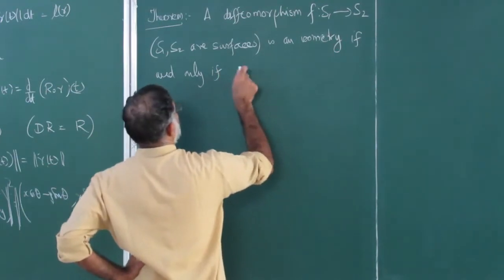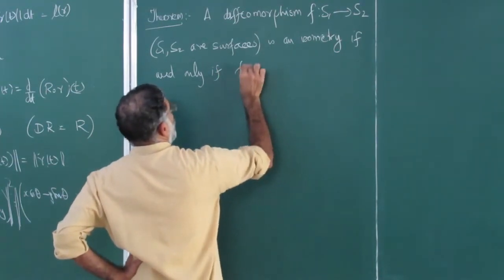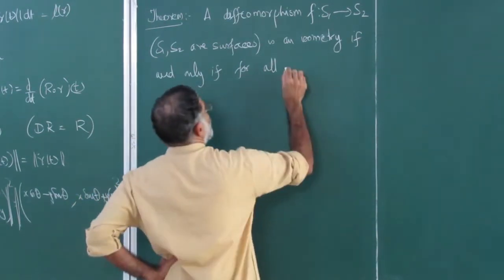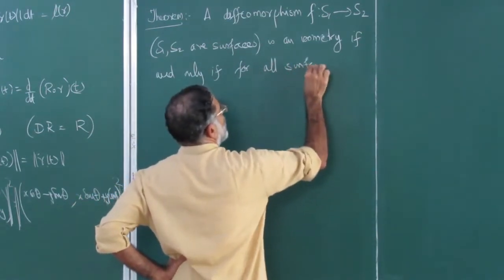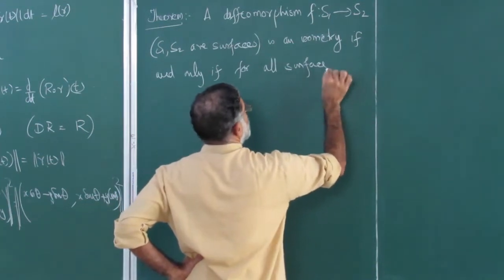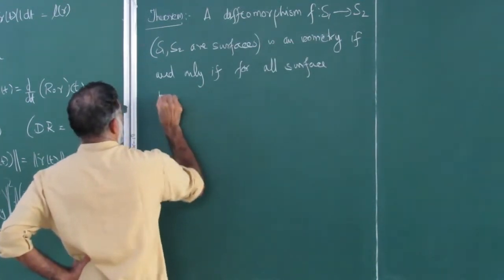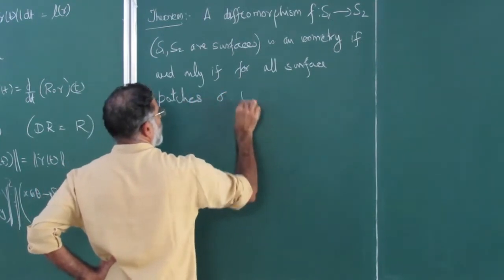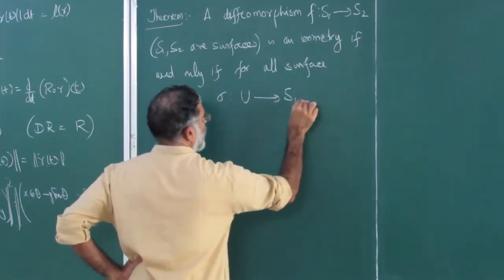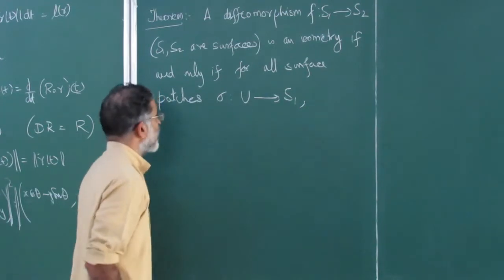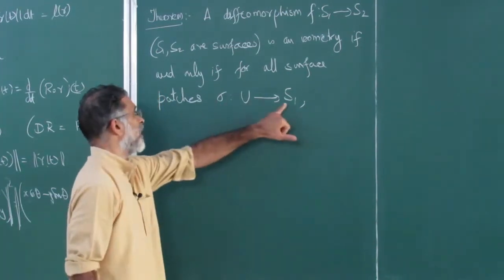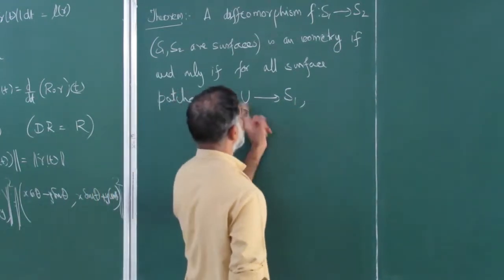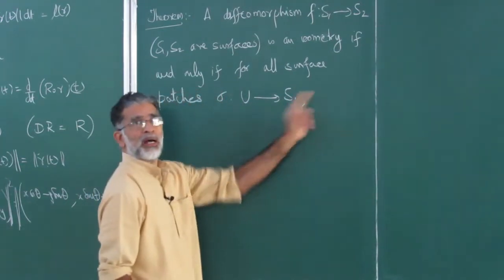I can write it in a more precise way: for all surface patches sigma from U to S1, the first fundamental form associated with sigma and the first fundamental form associated with F composite sigma are identical.